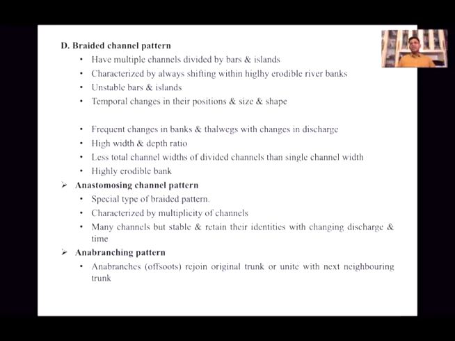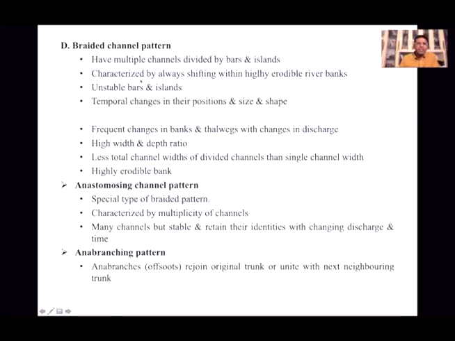If the smaller channels are fixed, and they don't change with season and time, we call it an anastomosing river. But if the smaller channels are not fixed, and the river can take any random path, then we call it a braided channel.